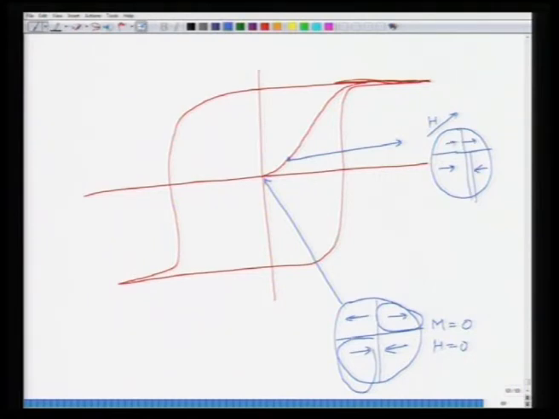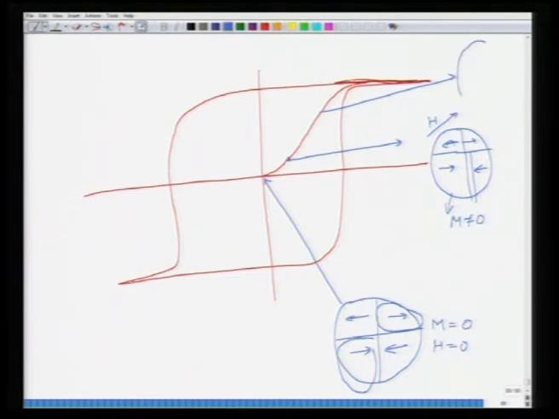So, as a result you have m which is not equal to 0. Now, let us say when you reach somewhere here, you do not have any nucleation of new domains, rather what you have is growth of the old domains itself, the most favorably oriented old domains.